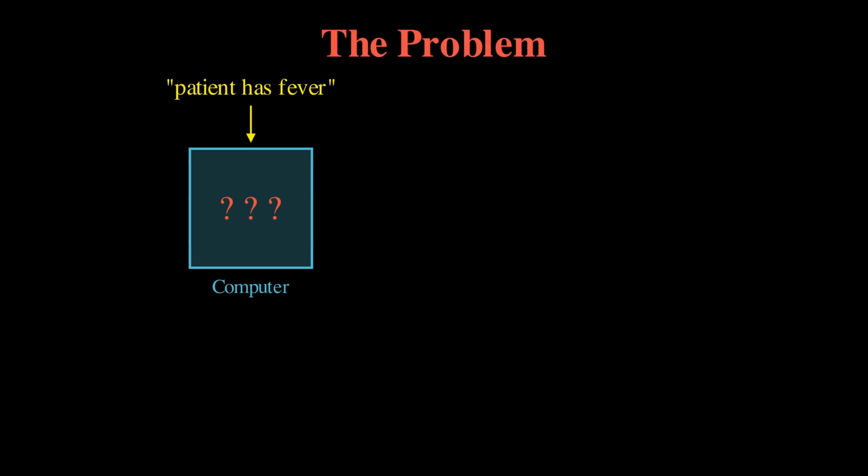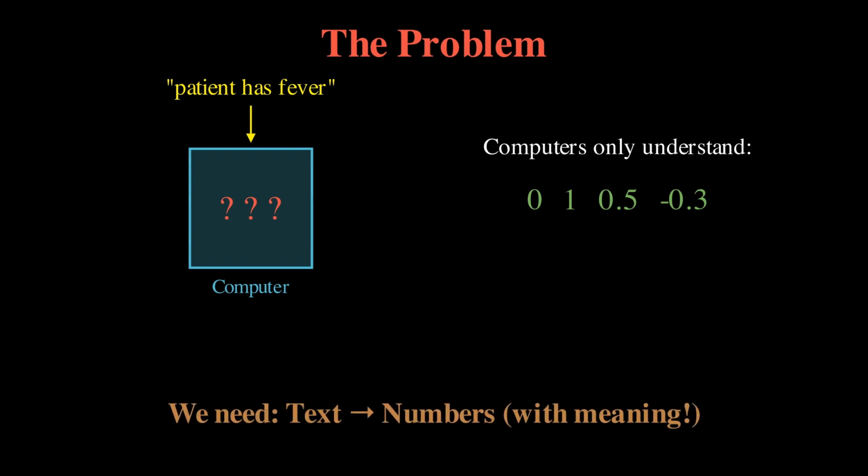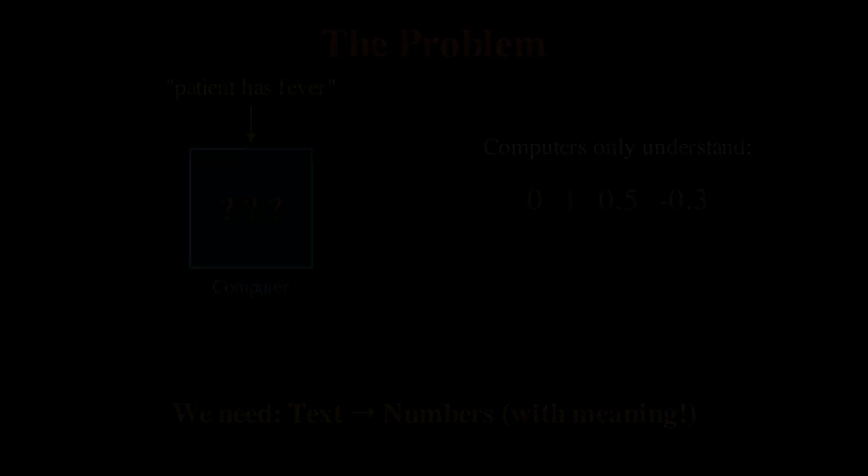It does not understand what it means. It cannot process the meaning. Why? Because computers only work with numbers. Zeros, ones, decimals like 0.5 or 0.3. They need numerical data to process information. So we have a gap. We as humans understand the text, but computers need numbers. So how do we bridge this gap?